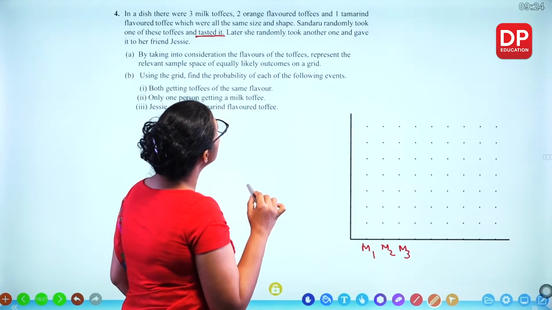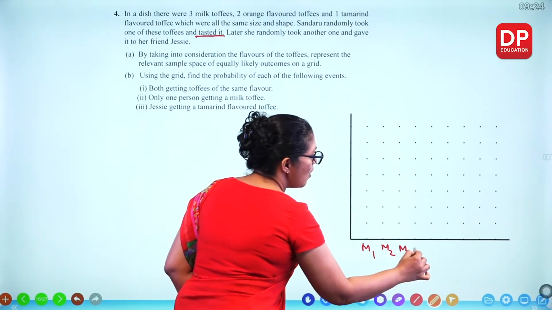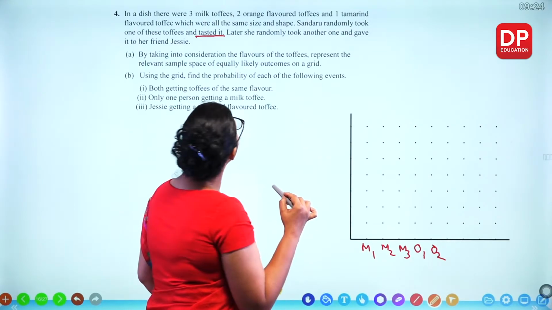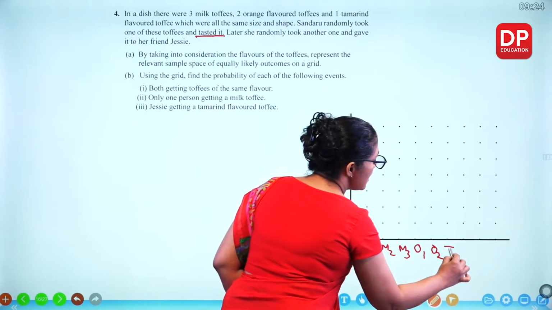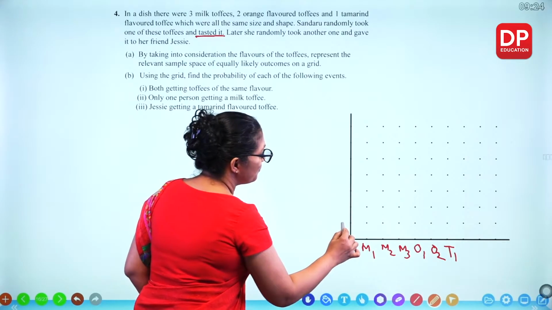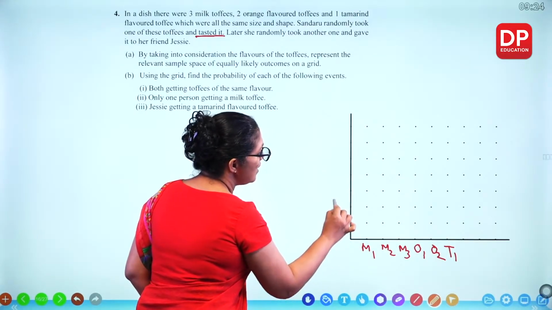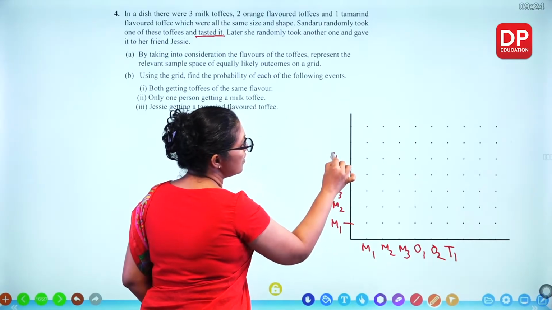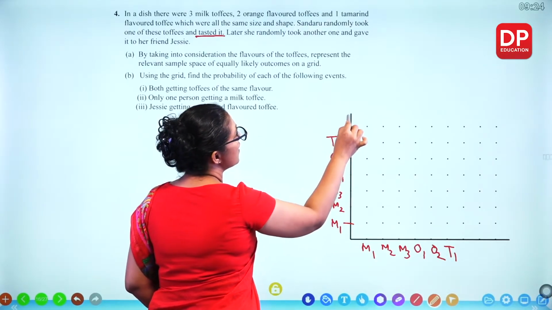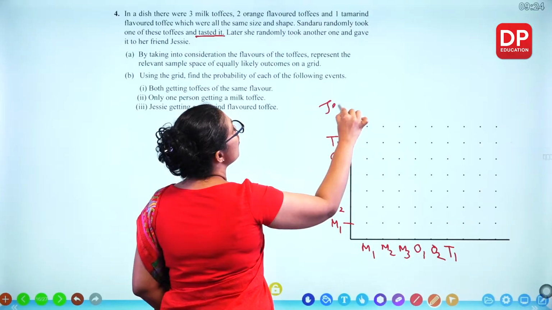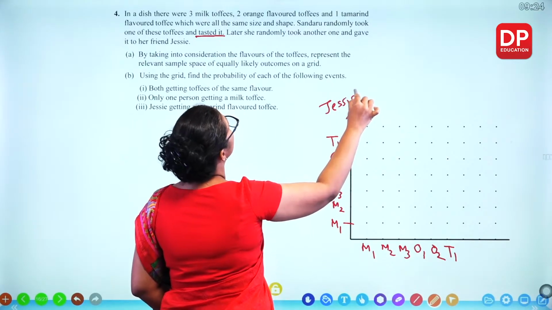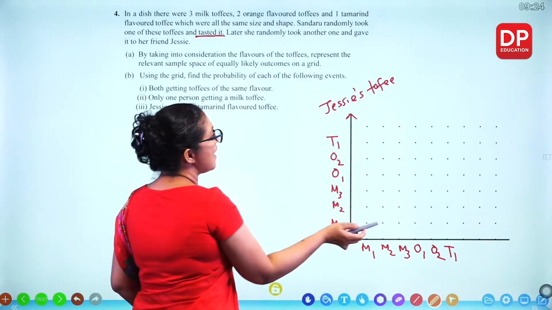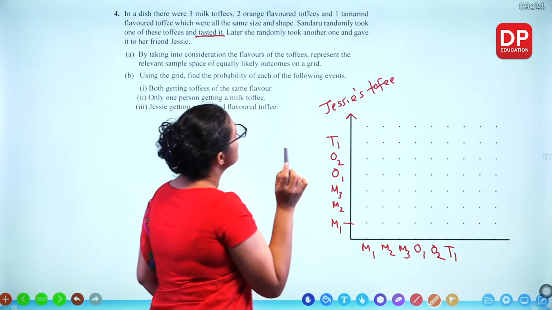And 2 orange flavored toffees, O1, O2. And 1 tamarind, so T1. This side also M1, M2, M3, O1, O2, T1. This is Jessie's toffee. And this side is Sandaru's toffee.